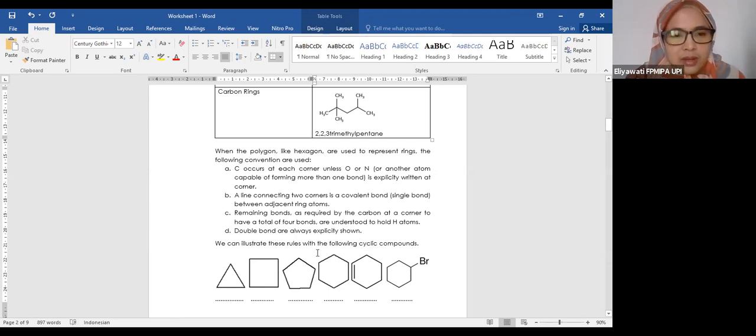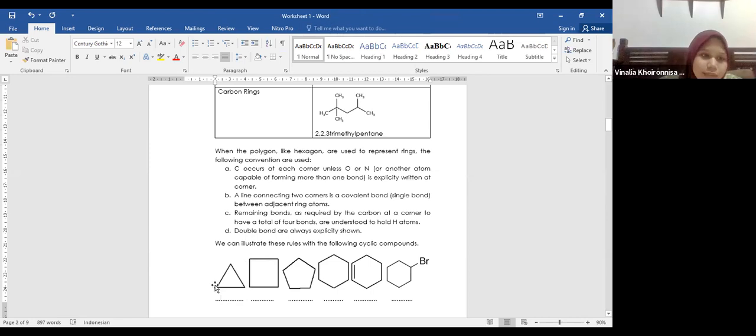Let's determine from the first picture, this triangle. What is the name? Cyclopropane. Good.